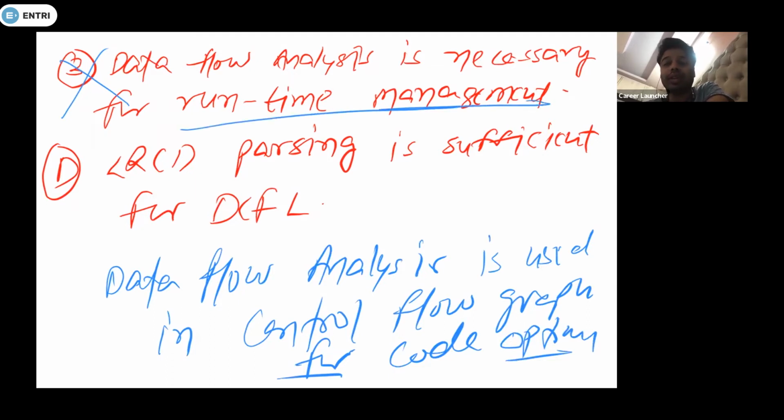And D, LR1 parsing is sufficient for DCFL, is the correct one. So D is the correct one.